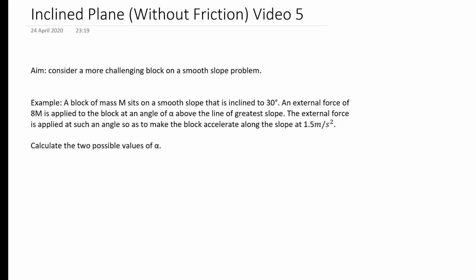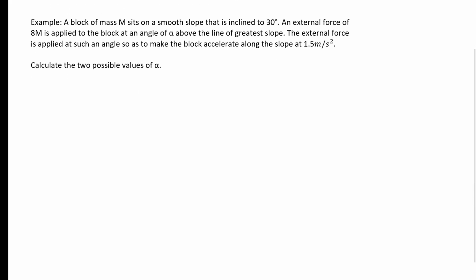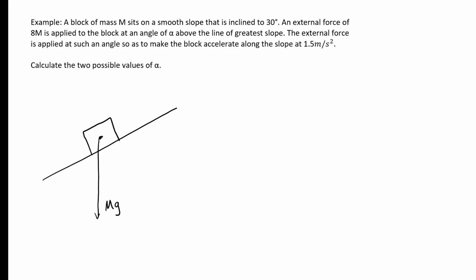Again, before considering the problem, let's draw this out. There's the slope and the block. The block has a mass of m and a weight of mg. The reaction force.